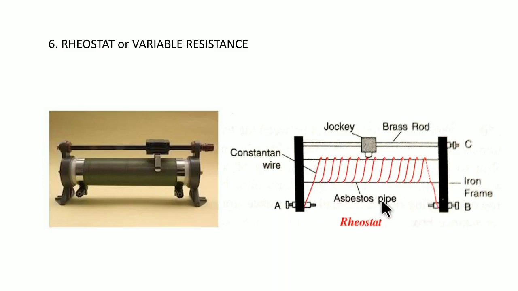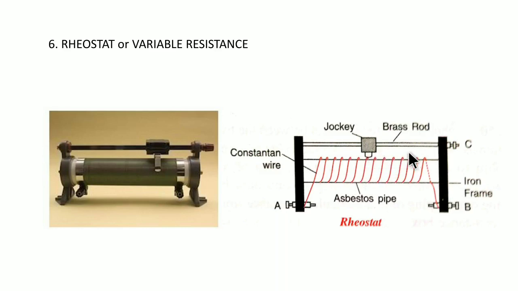But at certain times you may need to increase or decrease the value of this resistance in order to control the flow of current. So at that point, instead of point B, the other wire will be connected with point C, so that if you move this point from here to there, and put this point at this side, then the current will travel through the longer distance of the wire, and hence the resistance will increase.